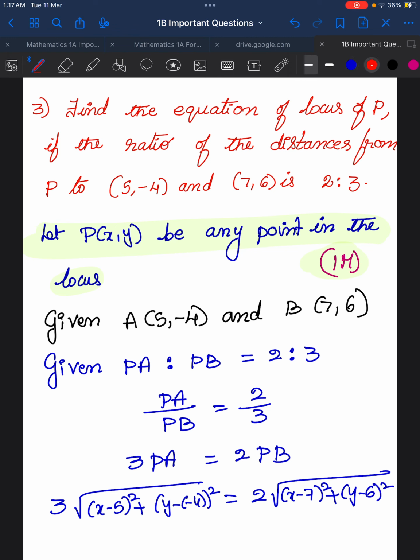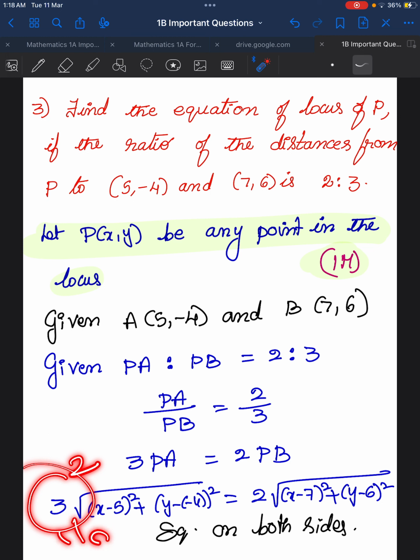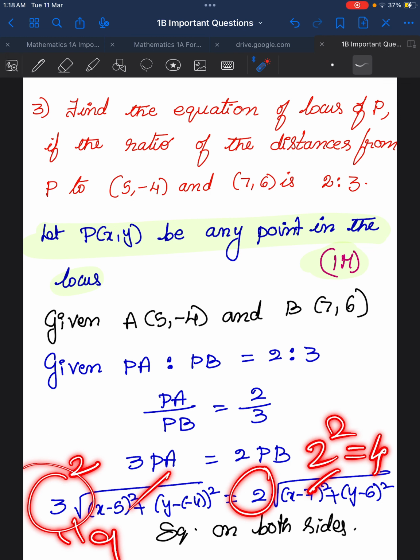To remove the square root, what can we do? We are squaring on both sides. If I do squaring, automatically the square root will be removed. This will become 3 square, that means 9. This will become 2 square, that means 4. Here and here the square roots will get cancelled.